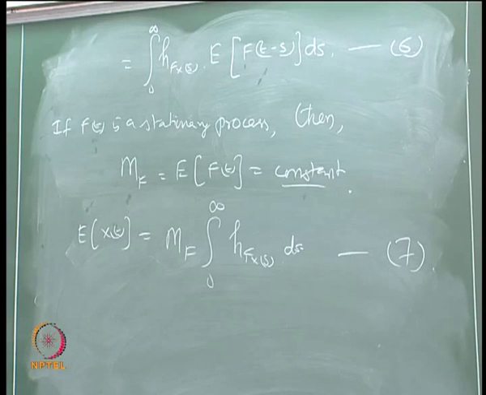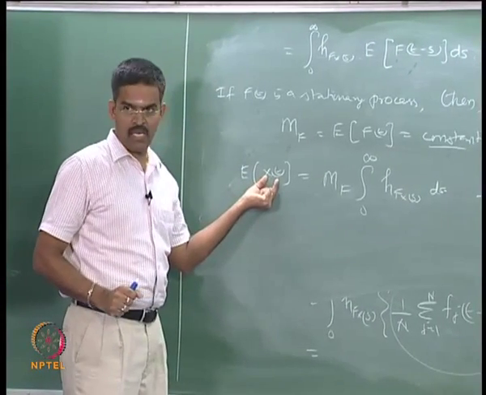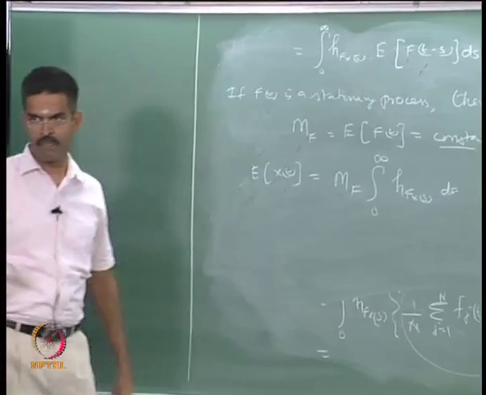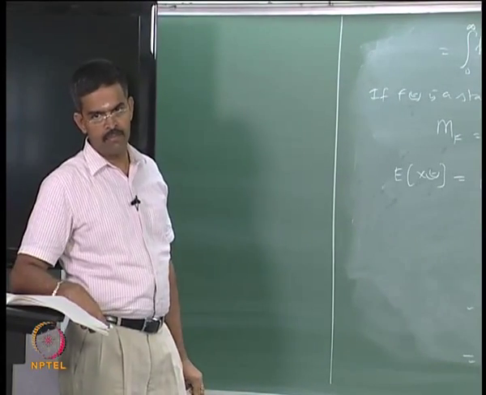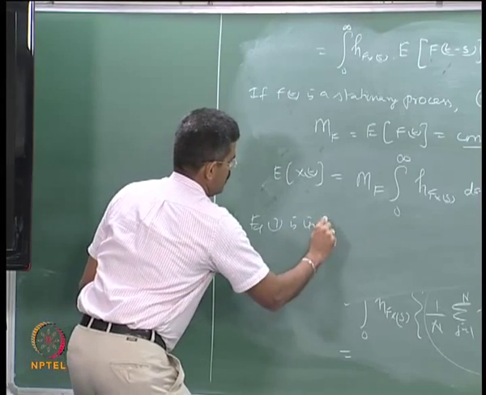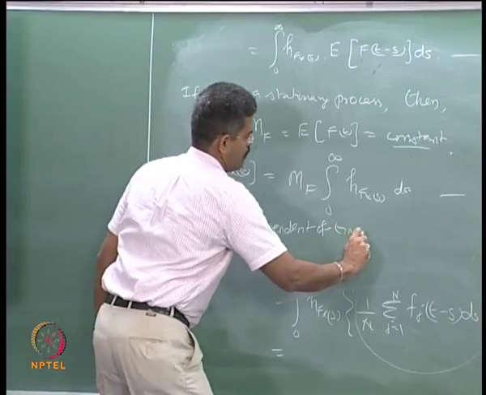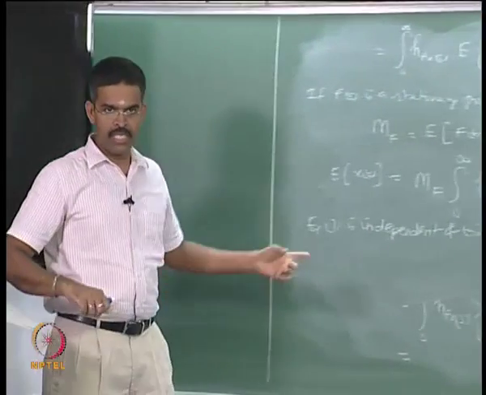Now interestingly, the expected value of x of t is independent of time. Okay, so you can see here equation 7 is independent of time, which confirms that it is a stationary process.